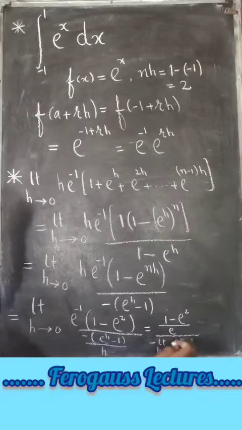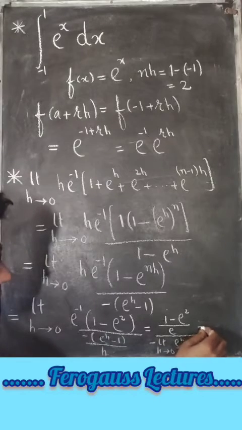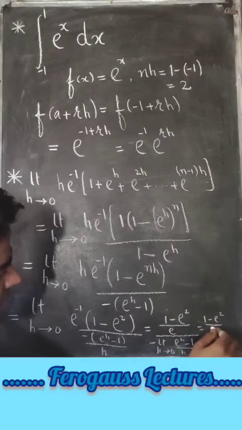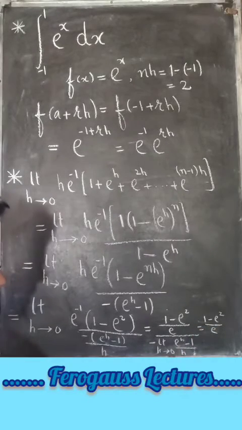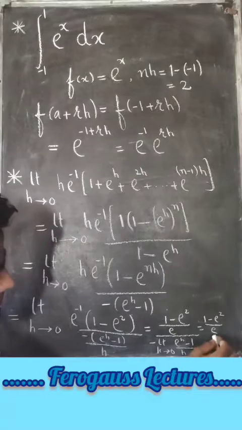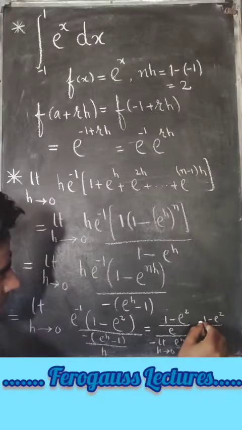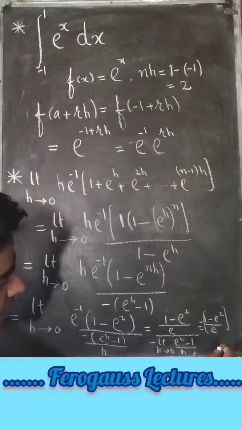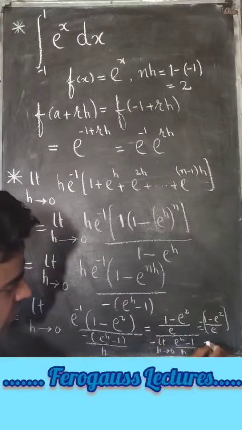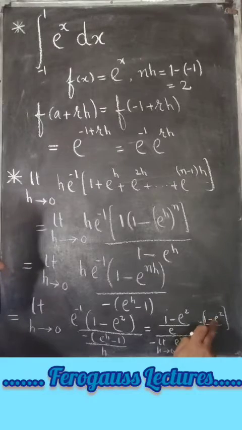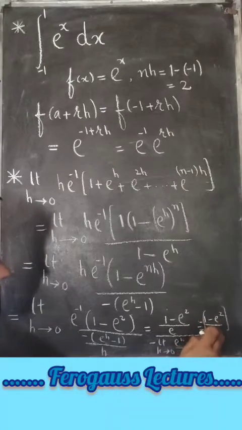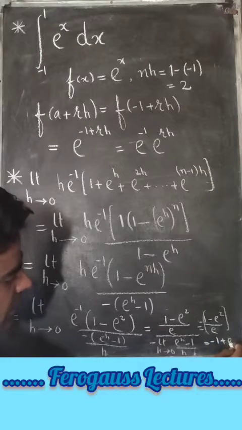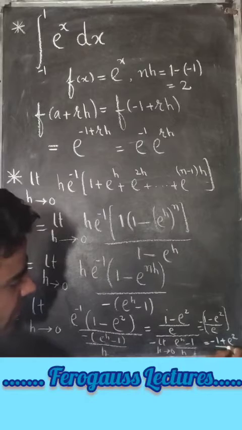So this limit is equal to 1, so we get 1 minus e raised power 2 divided by e, whole divided by minus times 1, that is minus 1. So we can write it as minus times this. Okay, which is further equal to minus 1 plus e square divided by e.